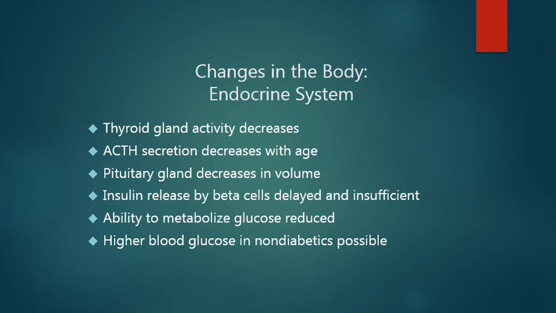So be careful when you're screening. If you're getting a reading that's a little high, don't immediately diagnose. Remember, it's more than one reading. It may take additional testing to come up with a firm diagnosis.